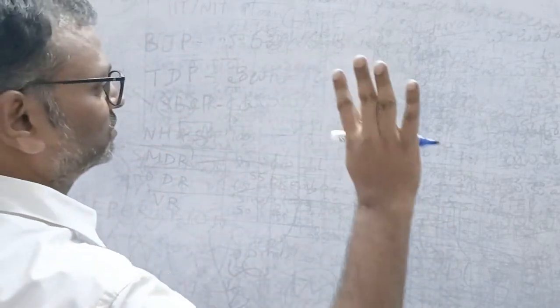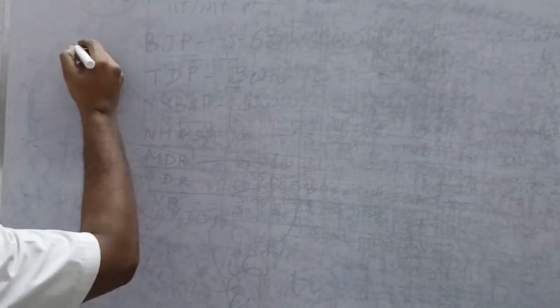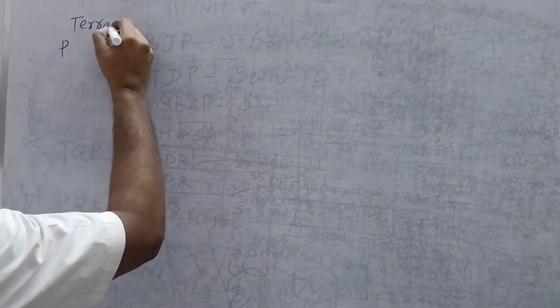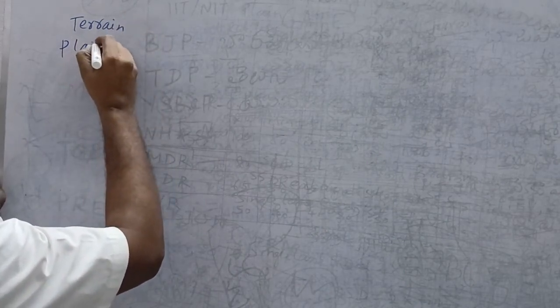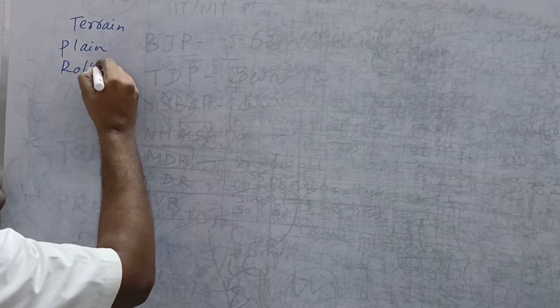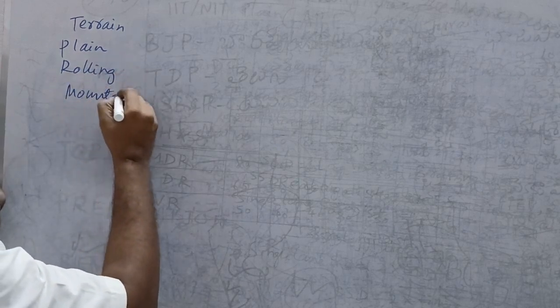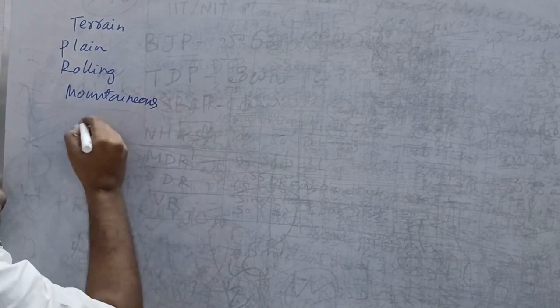Now we have 4 types of terrains: plain, rolling, mountainous, and steep.